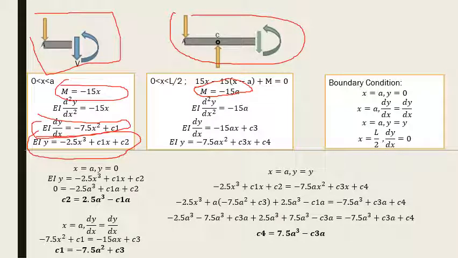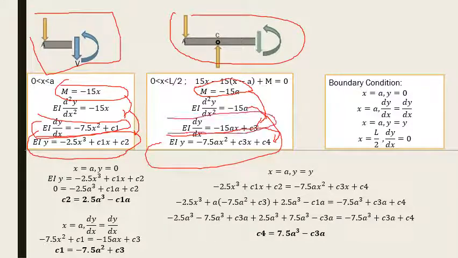I did the same thing on the second part: I integrated once to find the slope and twice to find the deflection. This gives the slope equation and the deflection equation.